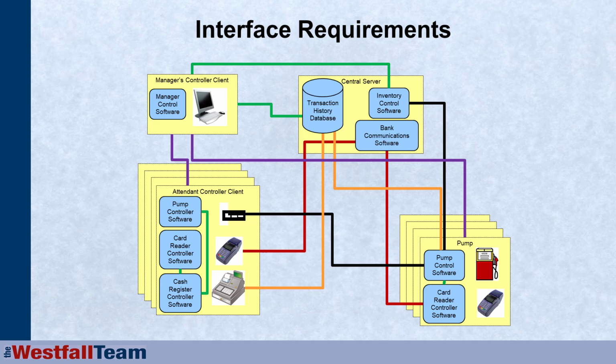And of course, if you have a higher system level architecture, where you actually have this piece of software on this piece of equipment and these pieces of software within this server and computer, and out at the pump you have the card reader with its software and the pump with its software, wherever these software packages talk to each other internal to your system, or where they are talking to the hardware that they are interfacing with, all of those are examples of where you may need to define interface requirements.